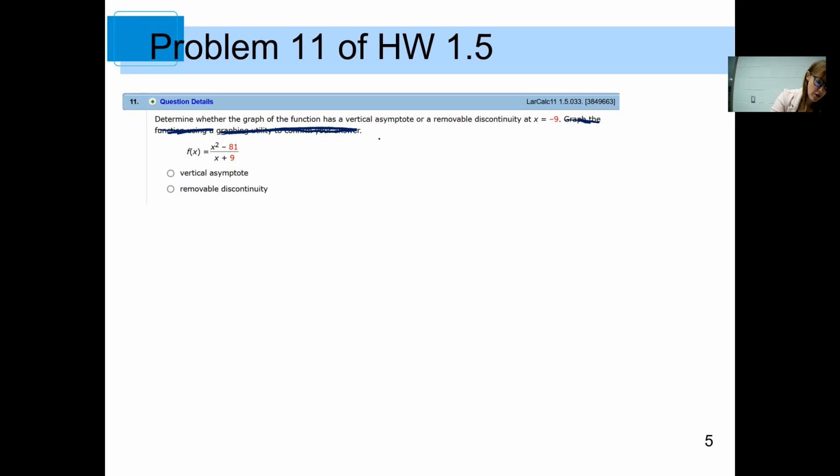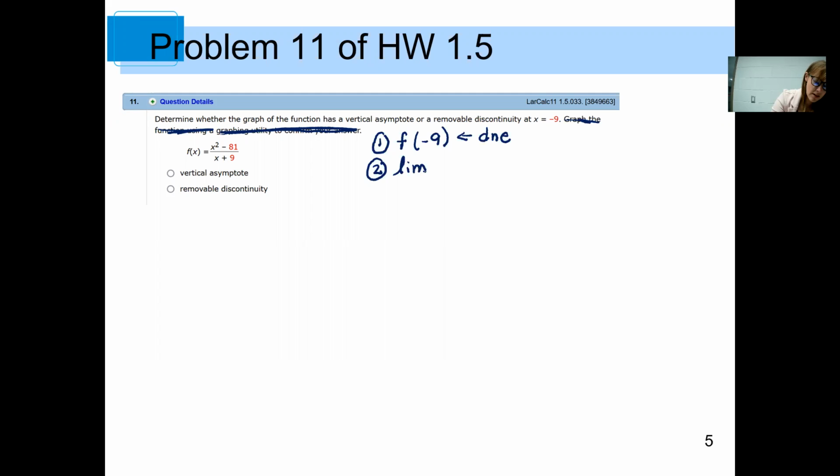So the requirements for something being continuous is one, that f of -9 has to exist. In this case, it doesn't exist. So that right there crosses off the potential for it being a place of continuity.